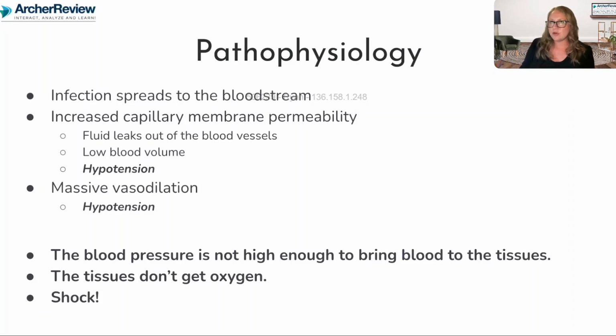So think about your blood vessels like they should be the size of a straw, and they have vasodilated to be the size of a fire hydrant. No matter how much water you put in there, is it going to come out of that fire hydrant very quickly? No. We are not going to be able to fluid resuscitate this client to a normal blood pressure.